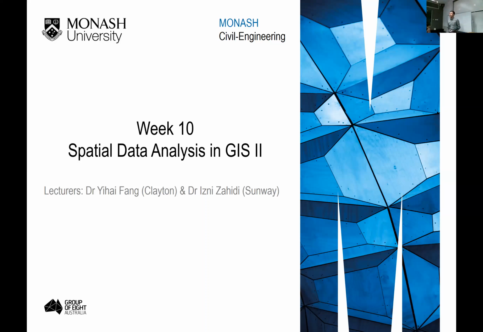And then we talked about the geometric measurement, where we calculated the distance surface and then cost surface. And at the end, we were computing the least cost path given the cost surface.